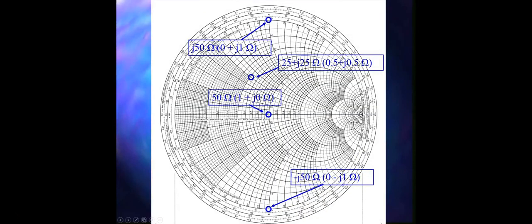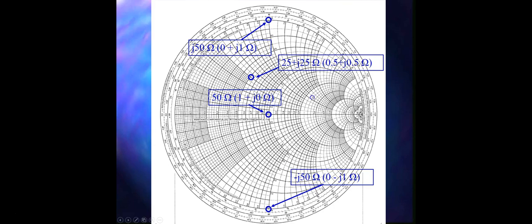So let's first see the characteristic impedance. This is here 50 ohm, and the normalized impedance is 1, so that's why we have put it here. For j50 ohm, we know that this is inductive reactance, so it should be above the real axis. So it is going to be over here.